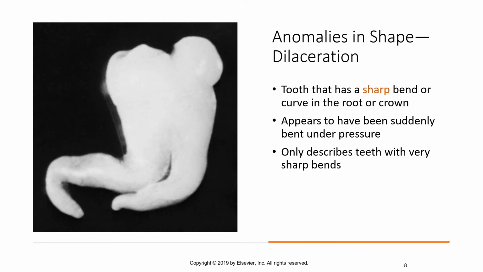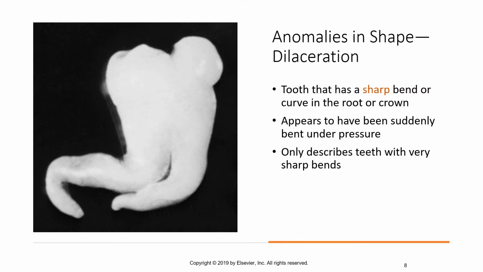All right, our next anomaly in shape is a dilacerated tooth or dilacerated root. Okay, this is a tooth that has a really sharp bend or curve in the crown or the root. It does appear as though the tooth suddenly bent under pressure.